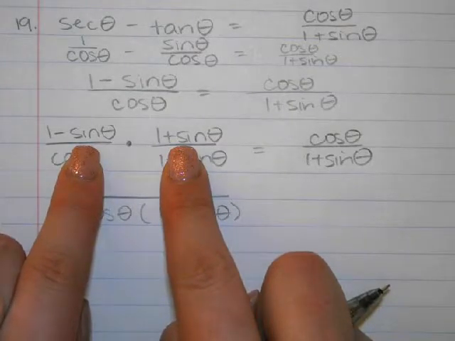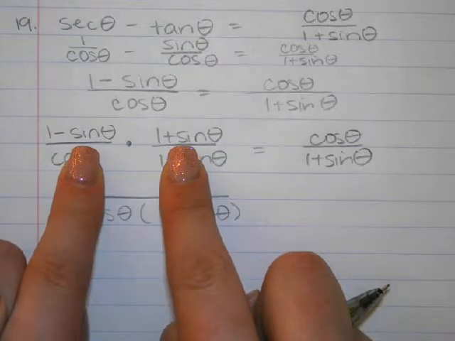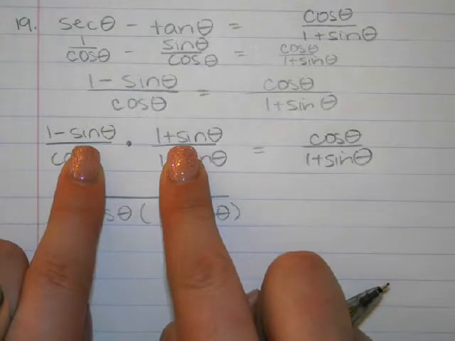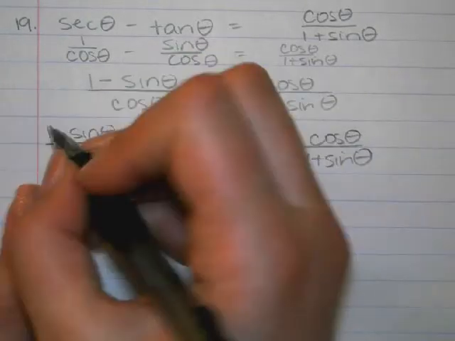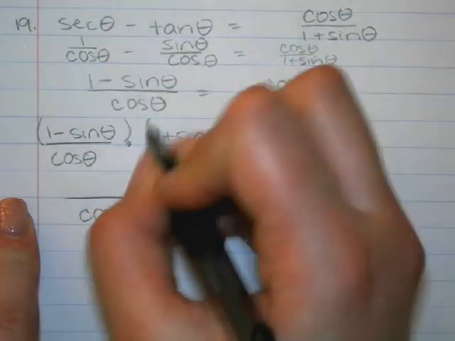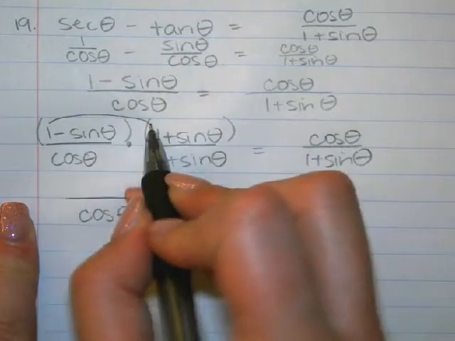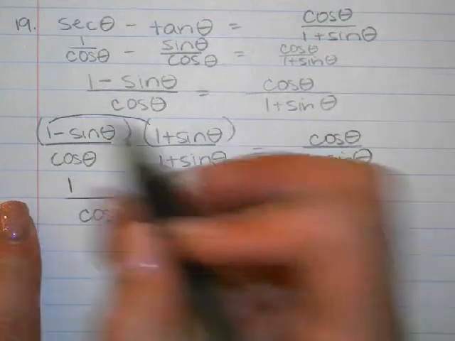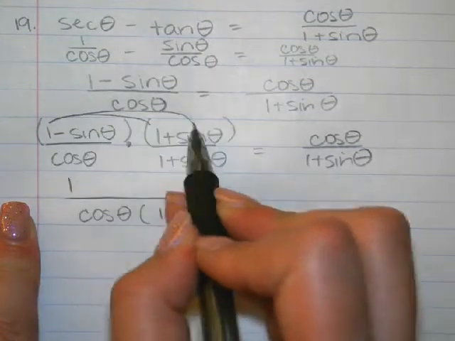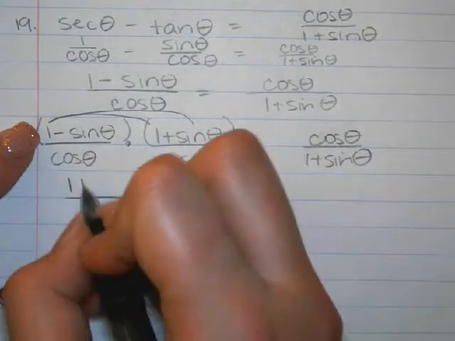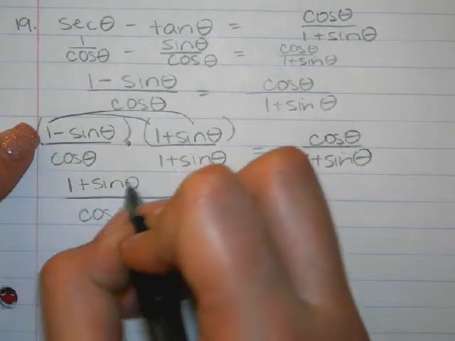1 minus sine times 1 plus sine. What do I get when I multiply all those out? It ends up being 1 minus sine squared if you FOIL it out. So let's go ahead and do that. Let's multiply these. We have 1 times 1 is 1. 1 times positive sine is positive sine.